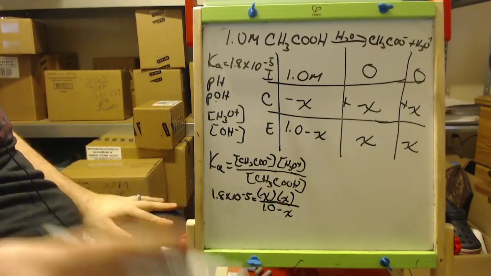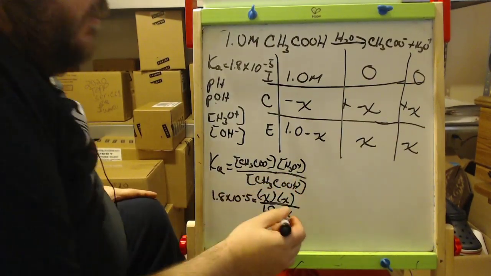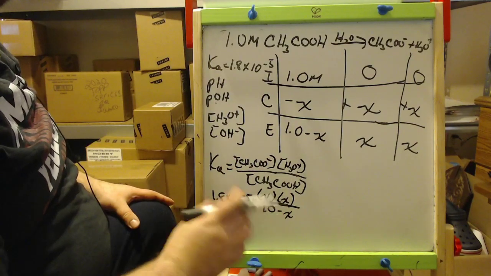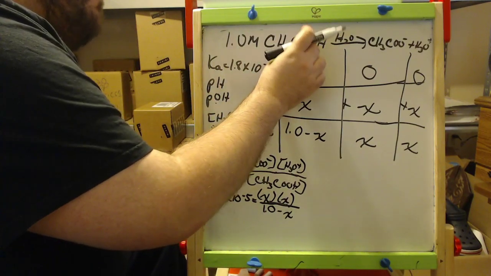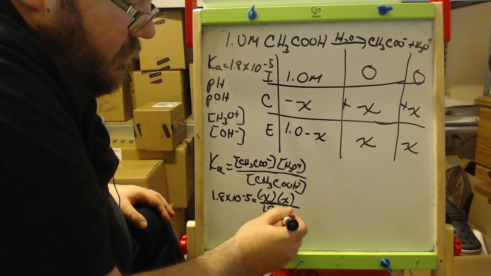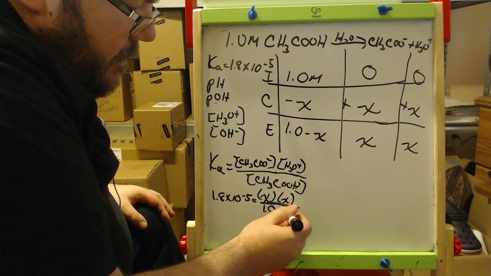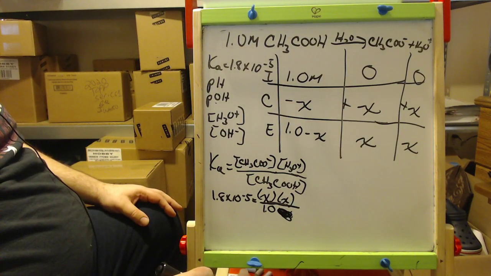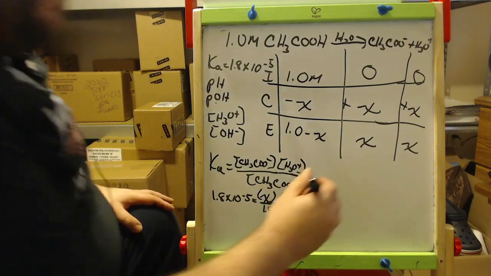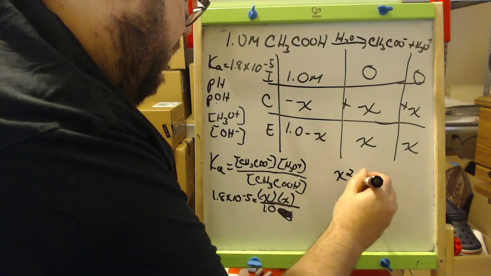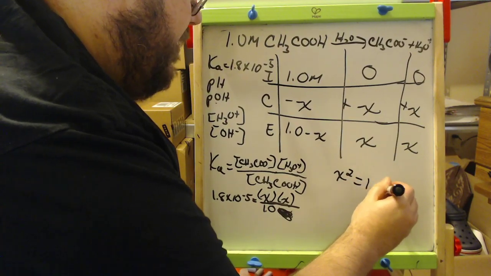However, the 5% check could be our friend. Since I'm a weak acid, I only partially dissociate. If I don't dissociate more than 5%, then I could scribble that out. And now I'm left with a simple equation that basically says x squared equals 1.8 times 10 to the minus fifth.